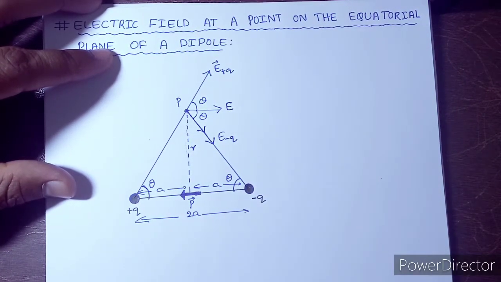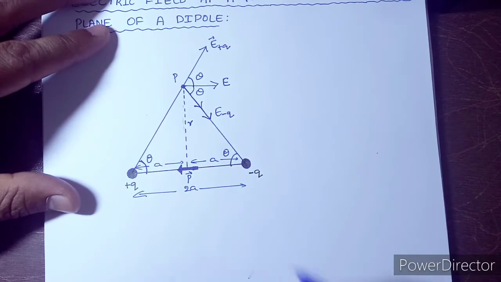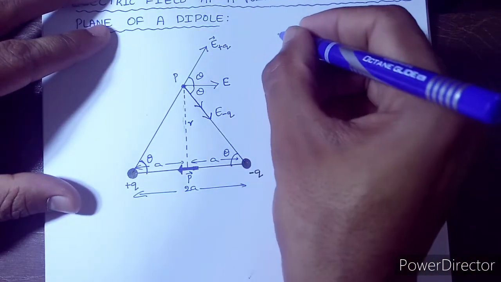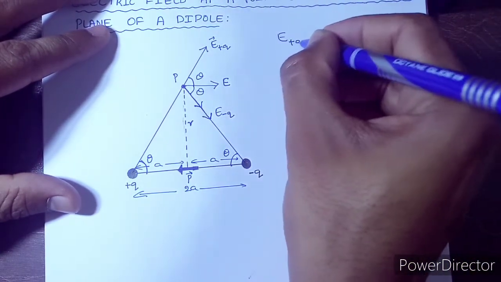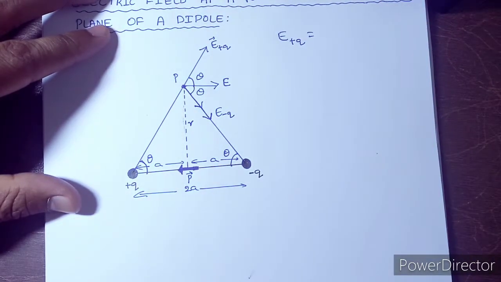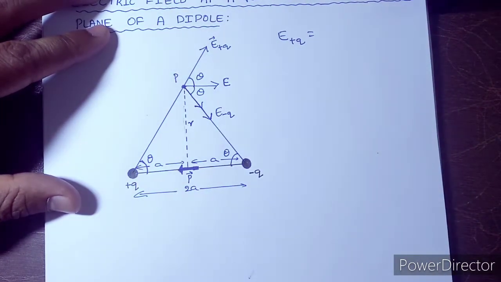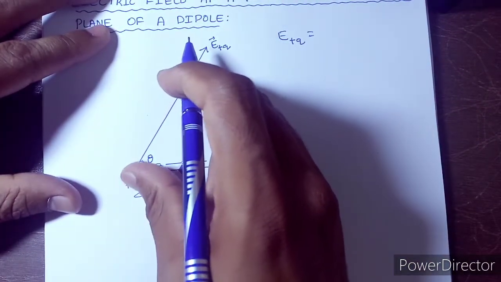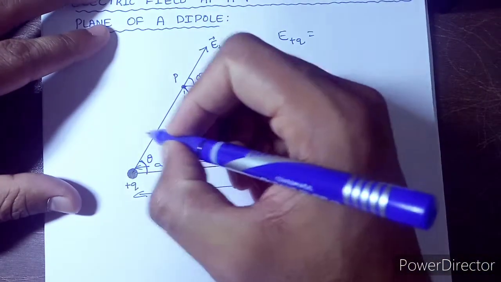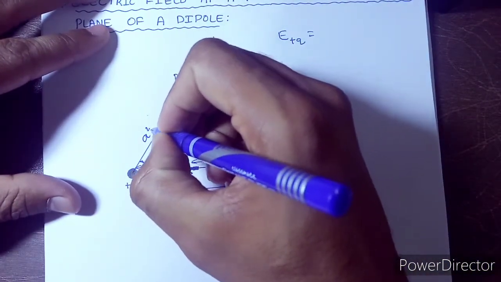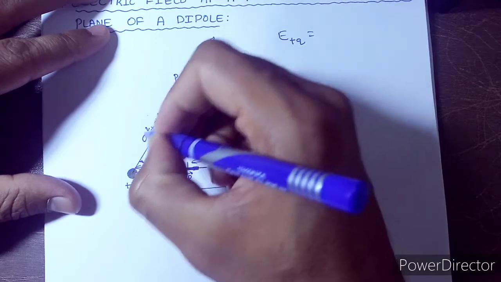Okay, now the electric field due to the positive charge plus Q is given by 1 by 4 pi epsilon naught Q divided by this distance square. This distance can be found by using Pythagoras theorem, that is square root of a square plus x square.